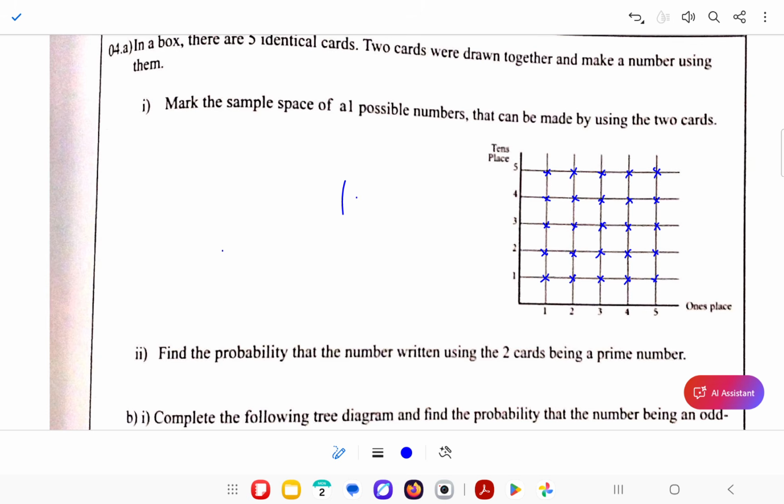Right, find the probability that number written using the two cards being a prime.